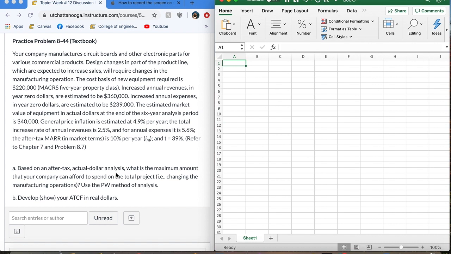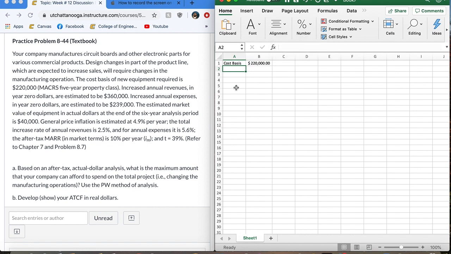So the first step is to list out all your given information, so we know the cost basis is $220,000. And then in the problem statement, it also says increased revenues in year 0 are estimated to be $360,000.